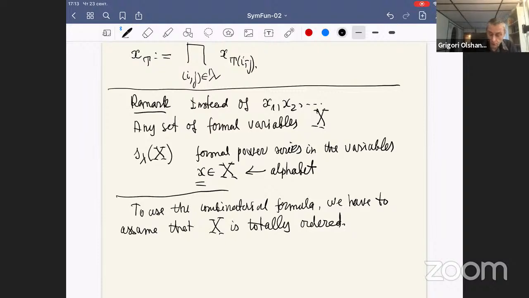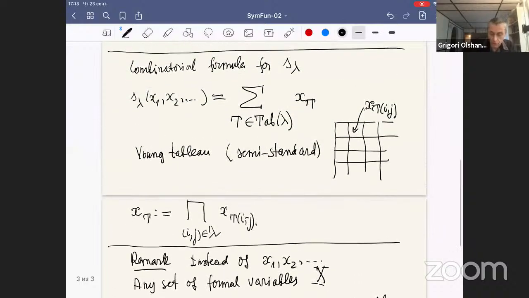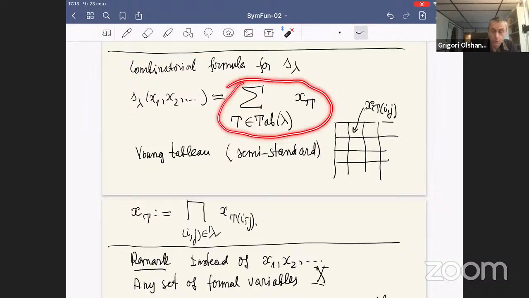Then the definition of the combinatorial formula is exactly the same, because what we need to understand is what it means that we fill the boxes by variables, and the entries should satisfy our condition to be weakly increasing in this direction, and strictly increasing down the columns.